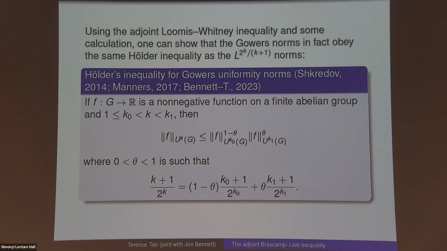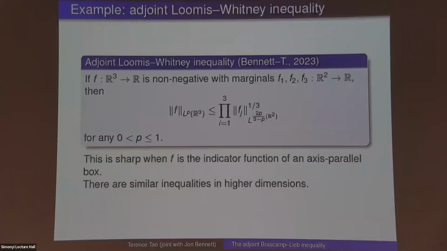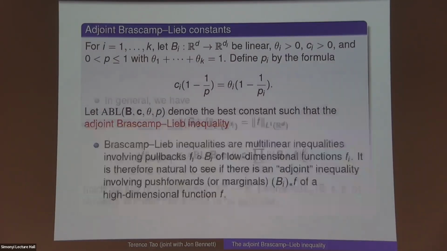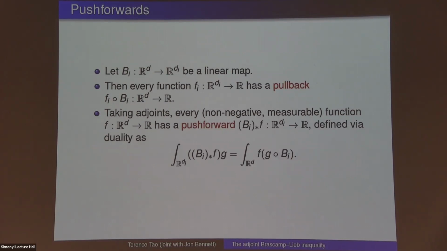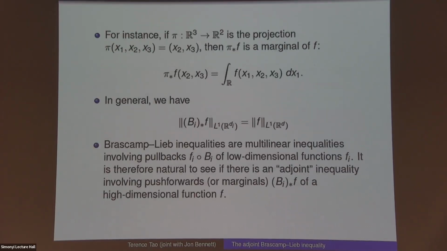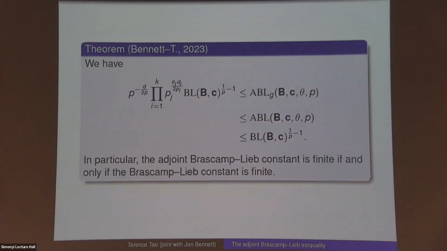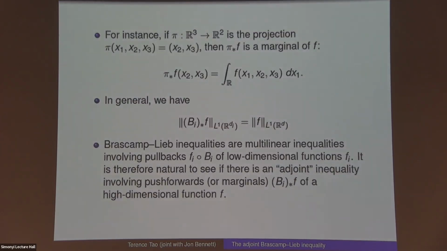For the Loomis-Whitney inequality, I remember if you also average over all the possible coordinate systems, it's possible to refine the constant a little bit, and there's some refined inequality that achieves equality for the sphere, and that maybe recovers the parametric inequality. Are there versions like this for Brascamp-Lieb and adjoints and so on? It's a good question. I do not know.